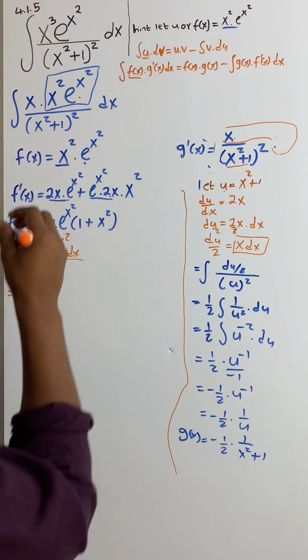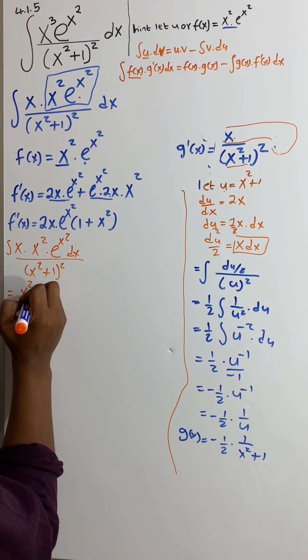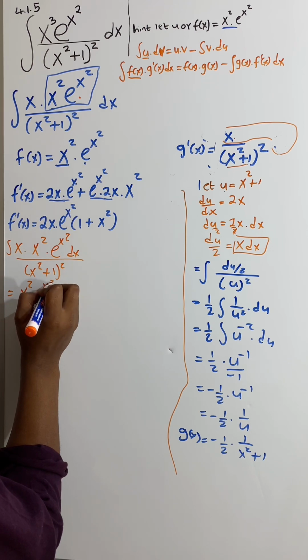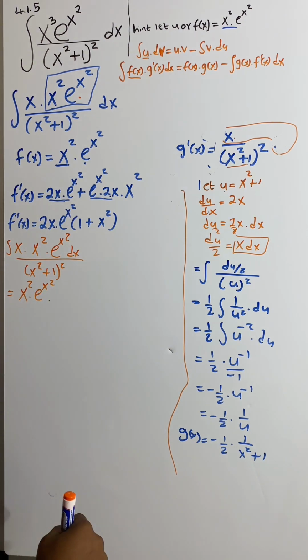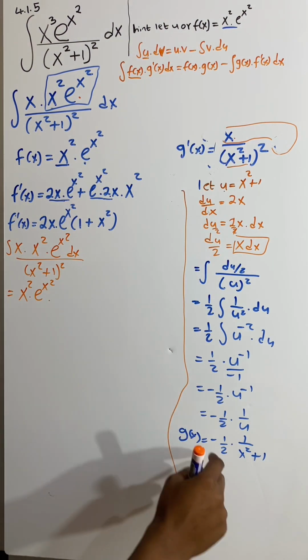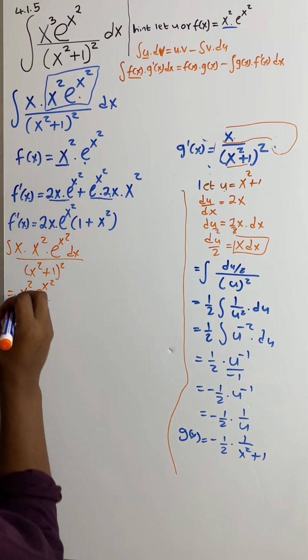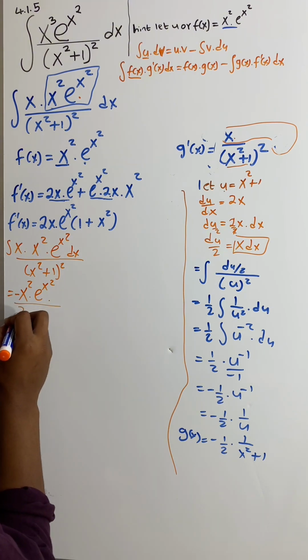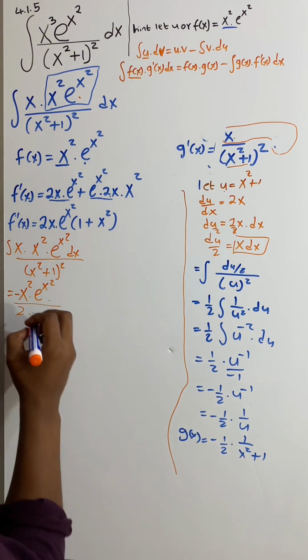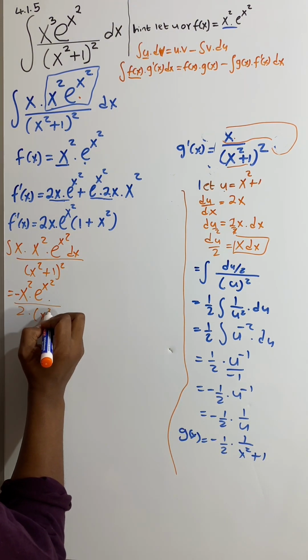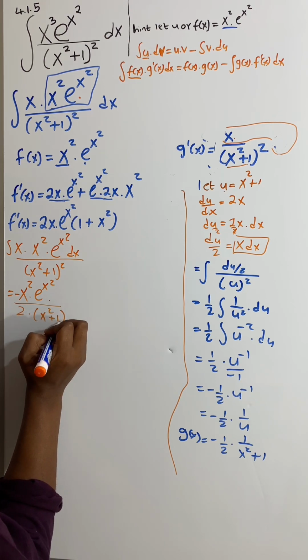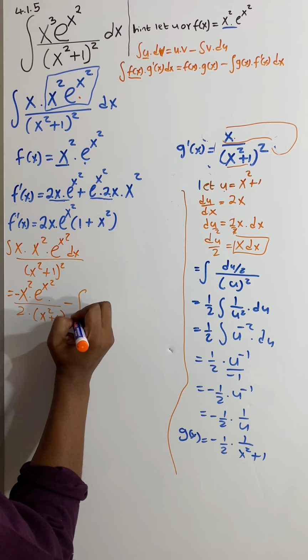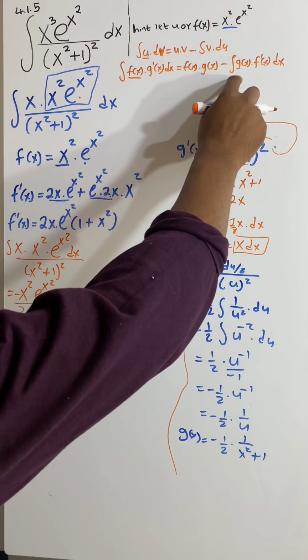Our f of x is x squared multiplied by e to the power x squared, and our g of x we determined as negative 1 over 2 multiplied by 1 over x squared plus 1, minus the integral of g of x multiplied by f prime of x.